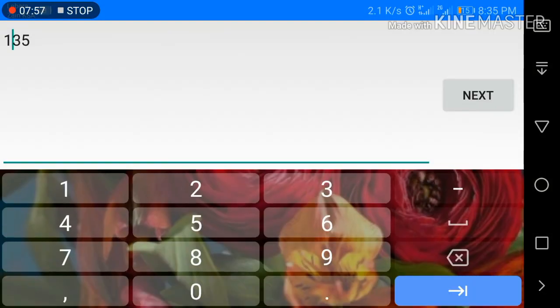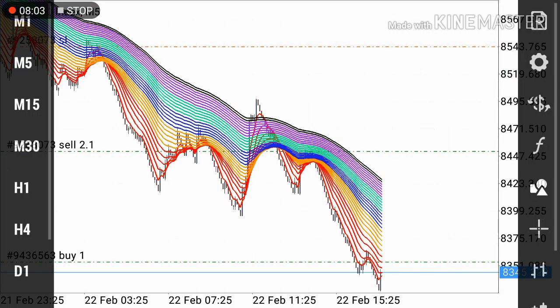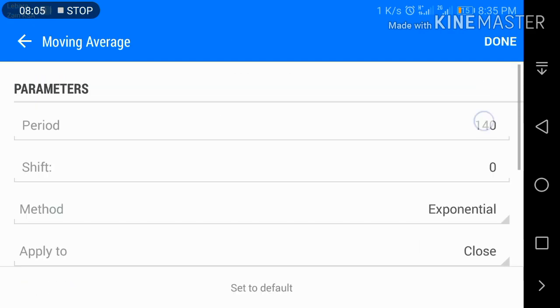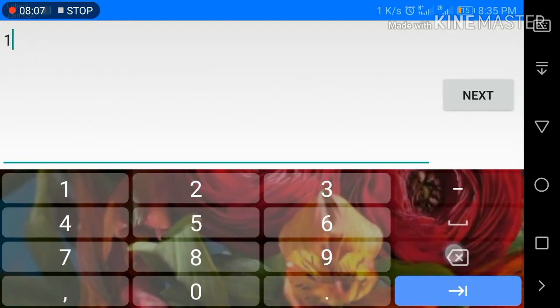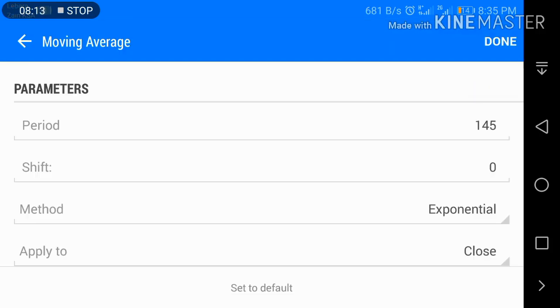Moving average again, 140 and done. 145 and done.